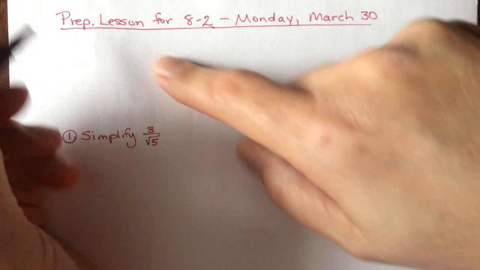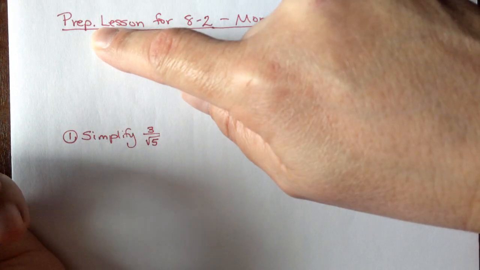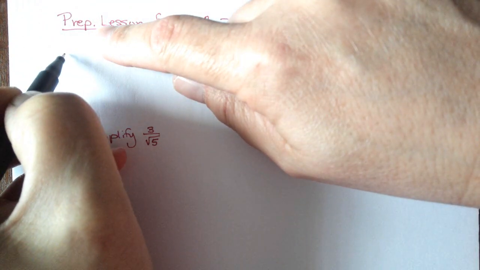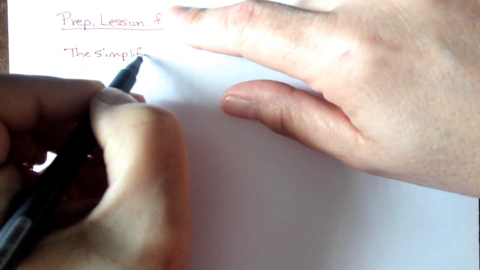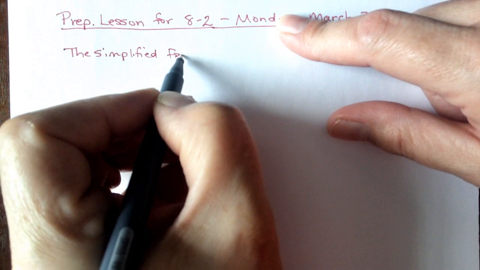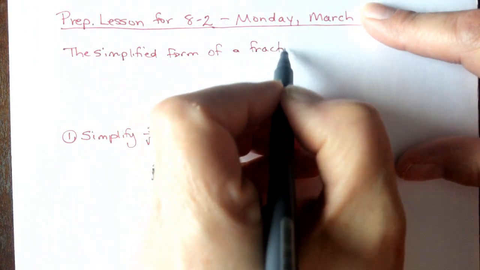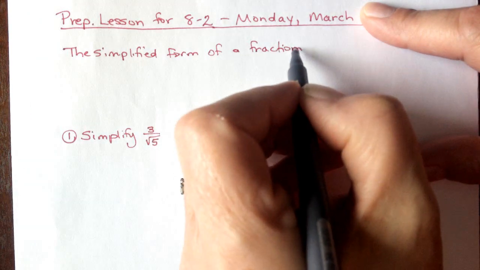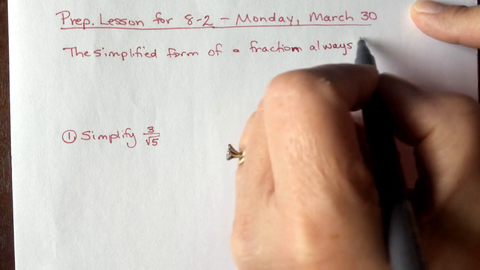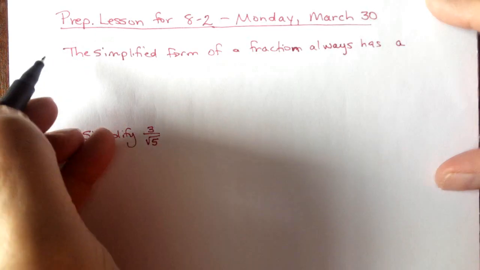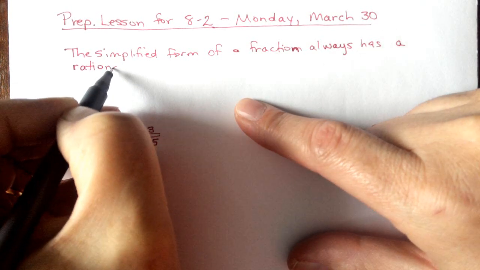So let's start with a definition. Or maybe just a statement. The simplified form of a fraction always has a rational denominator.